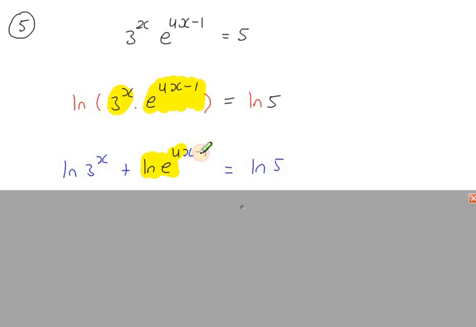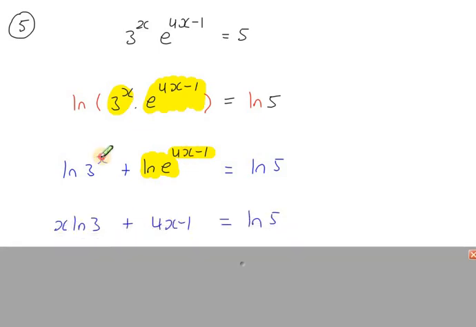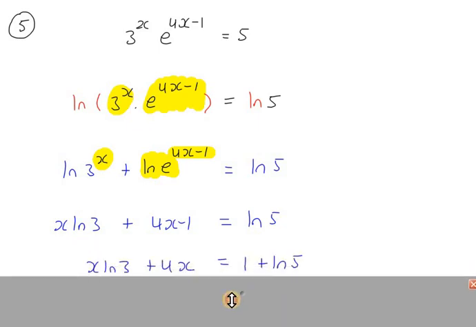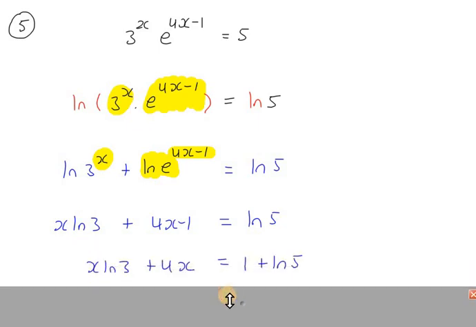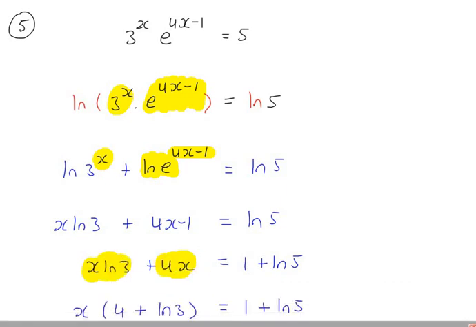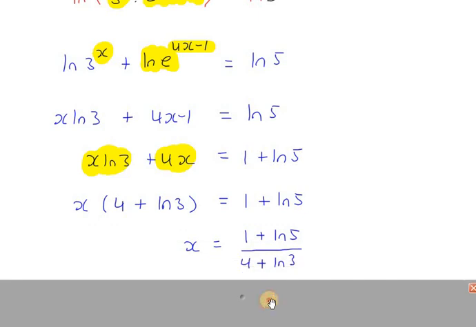The input's 4x minus 1, it goes into e, that goes into its inverse function, the log function, so the ln and the e cancel, we've got 4x minus 1 left. The power of x goes to the front, so we need to simplify a little bit. We've got x in both of these terms, remove x, put it on the outside, factorize, then divide by 4 plus ln 3 on each side, and we've worked out the exact value of x.